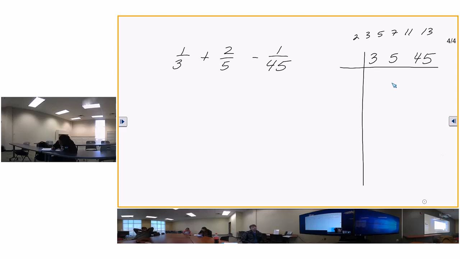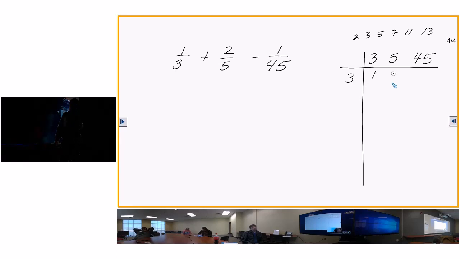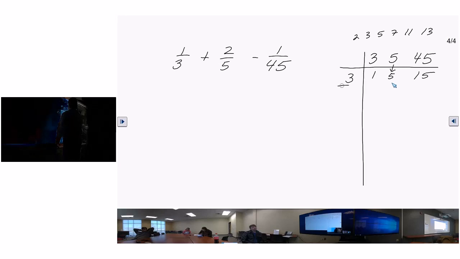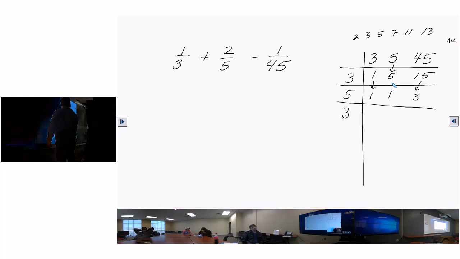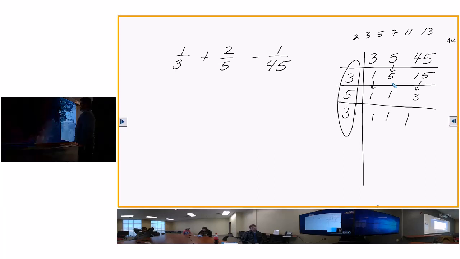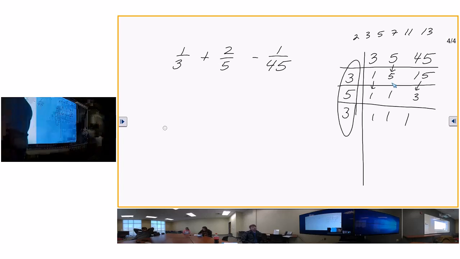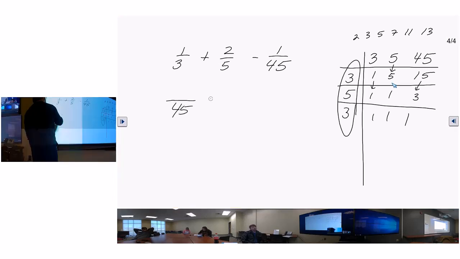There's gonna be 3. 3 will go into 3 one time. 5 has to come down. 3 will go in there 15. Oh, 5, that comes down. 1 and 3. 3, and then 3, 1. 1 and 1 and 1. Oh my! What's 9 times 5? 45. So in this case, your common denominator is 45.